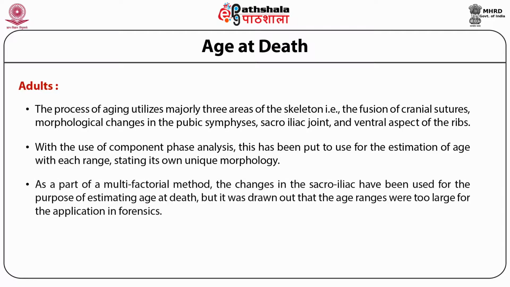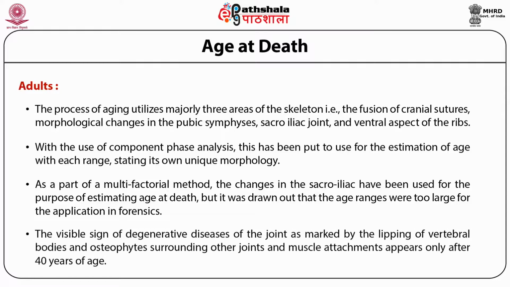As a part of a multifactorial method, the changes in the sacroiliac joint have been used for the purpose of estimating age at death, but it was found that the age ranges were too large for application in forensics.